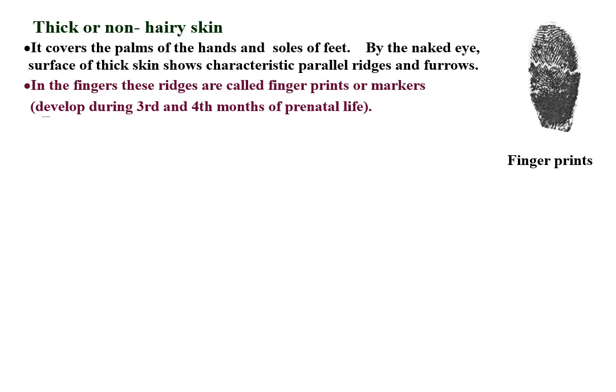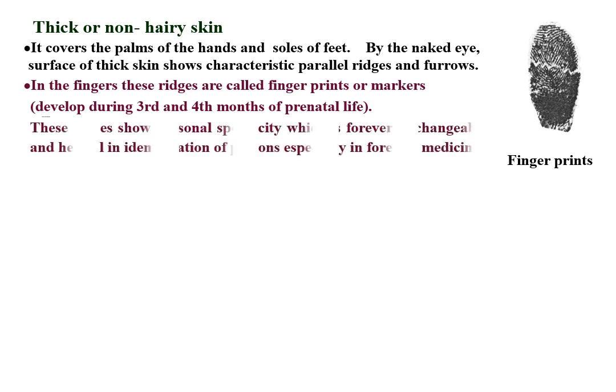They develop during the 3rd and 4th months of prenatal life. These ridges show personal specificity, which is forever unchangeable and helpful in identification of persons, especially in forensic medicine.